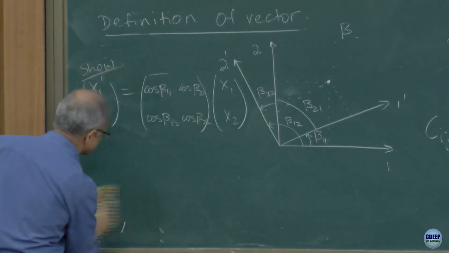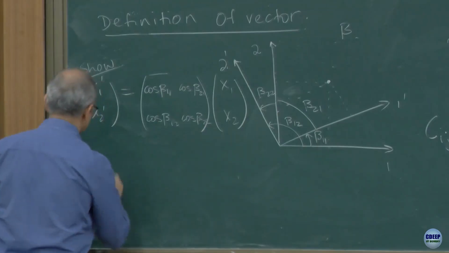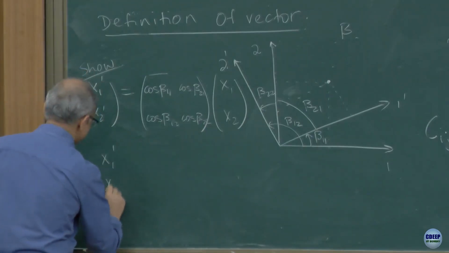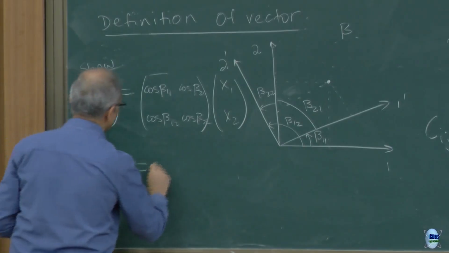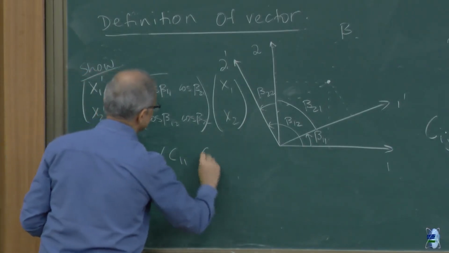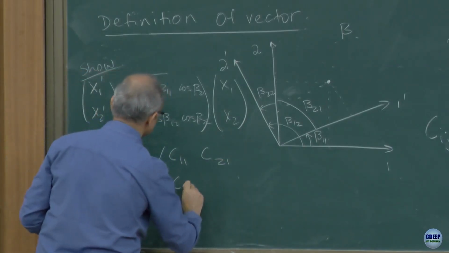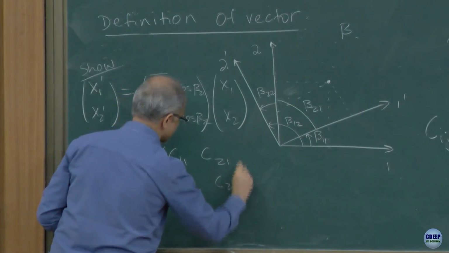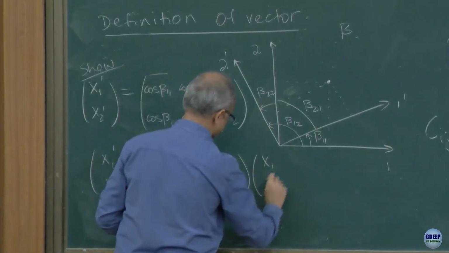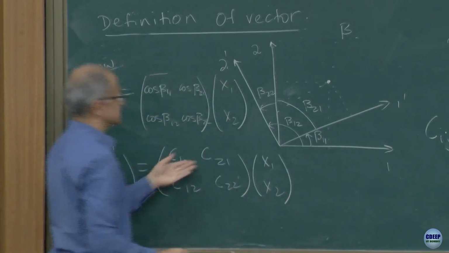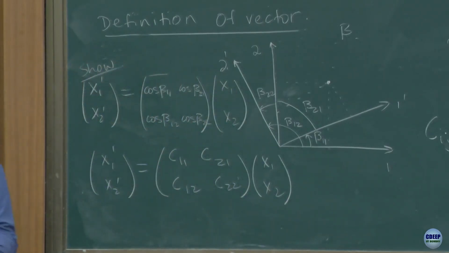Let us write it out with C's: this is C11, this is C21, this is C12, and this is C22, and then X1, X2. You can see that using C's instead of cos has made my life so much easier.